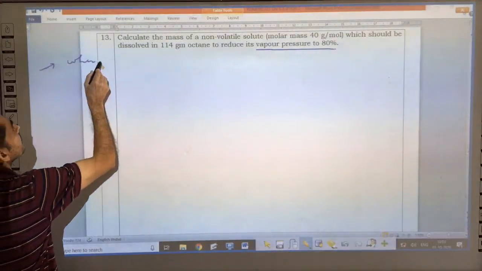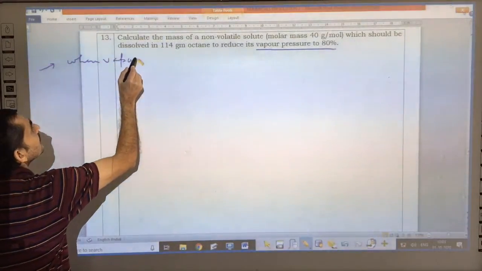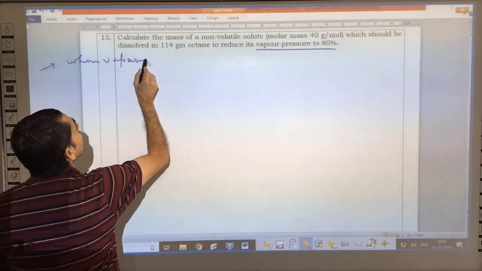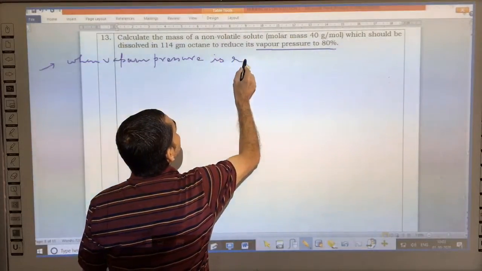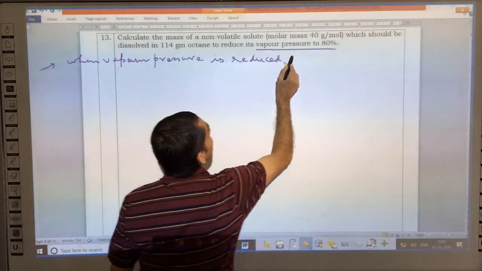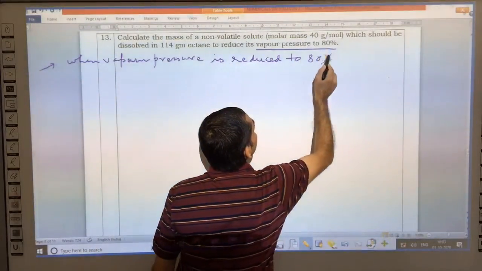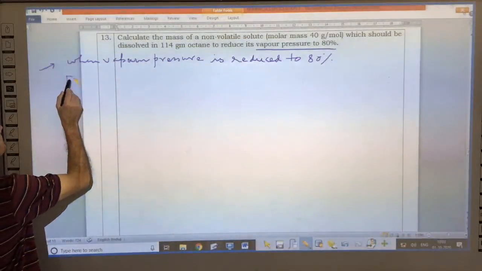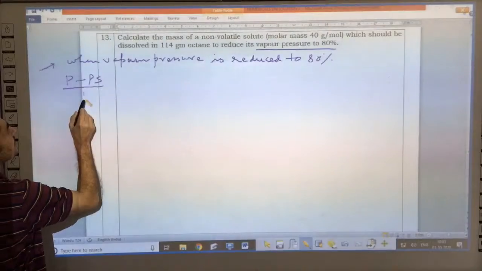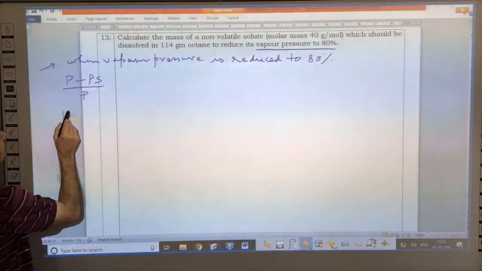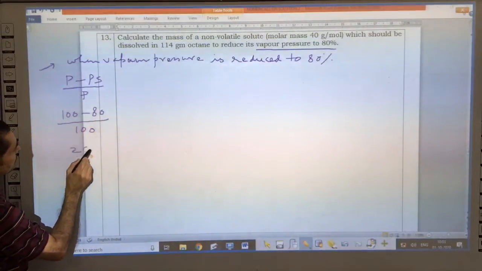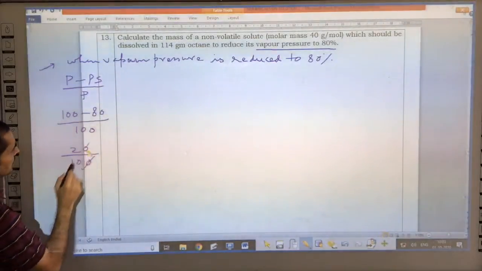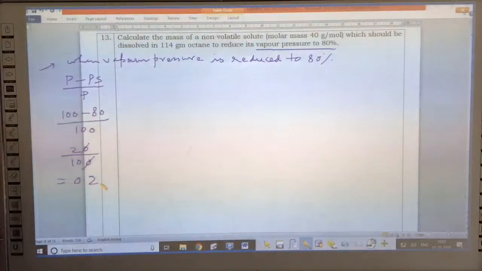When vapor pressure is reduced to 80%, then P minus Ps upon P, and this will become what? Initial 80%, 100 minus 80 upon 100. This is 20 upon 100. This is 0.2. This is the reduction in vapor pressure. Clear?